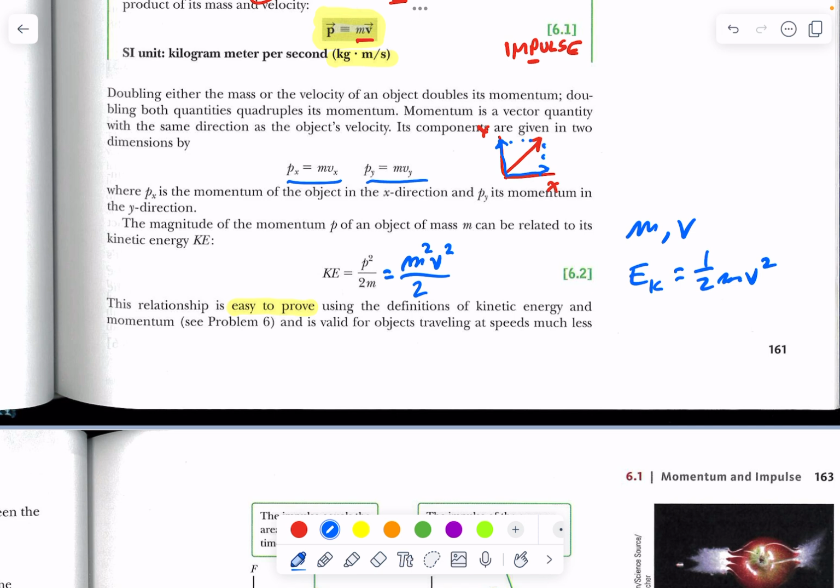And you can see that this mass cancels out one of the two masses up here, and we get 1/2 mv squared. So kinetic energy equals 1/2 mv squared, which therefore means it equals momentum squared divided by 2 times the mass.